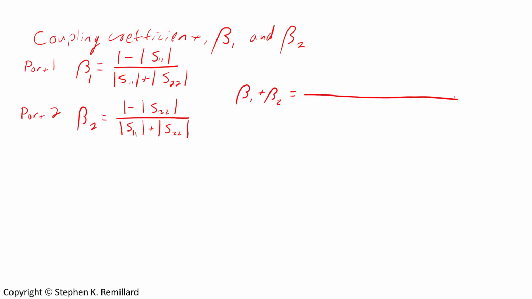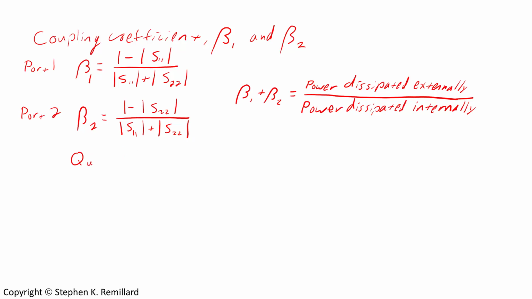Physically, the sum of those 2 is the ratio of power dissipated externally to power dissipated internally. Combining all of this together gives you unloaded Q, where the loaded Q is measured by the network analyzer. It's the resonant frequency divided by the 3 dB width. It's the full 2-port method.